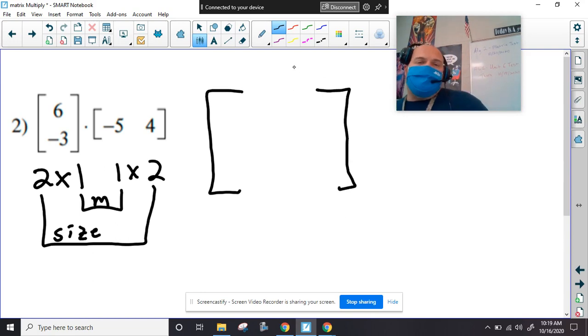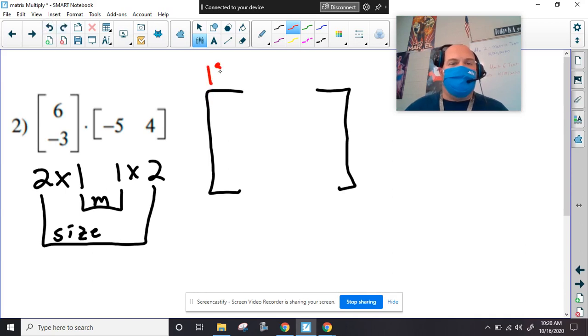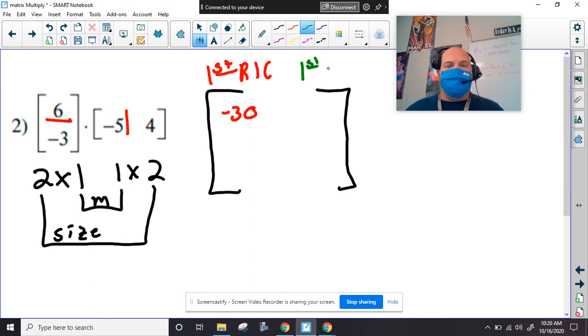Now, this one's a little bit easier. For first row, first column, well, that's this row times this column. So basically it's just 6 times -5, which is -30. First row, second column, that's this times that.